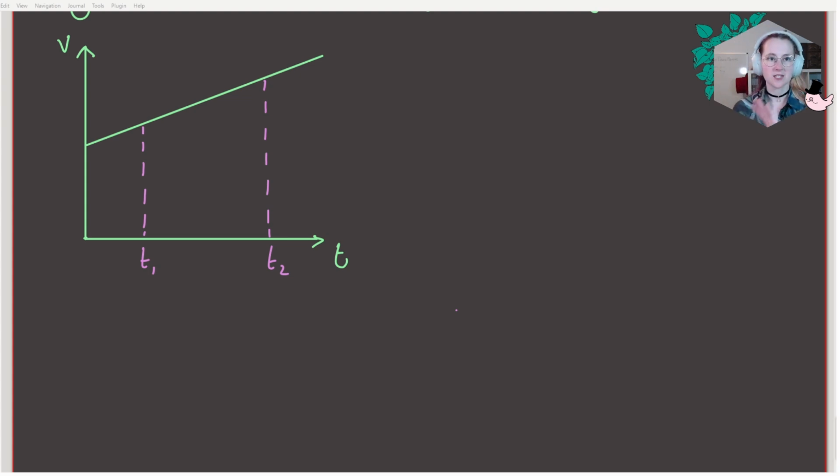Okay, so we've got time t1 and t2. And the time between these two, I'm just going to call that t. So that's our time of interest. So we have our starting point here and our ending point there. I'm going to call the initial velocity, the velocity at time 1 where we start, u. And I'm going to call this one v.